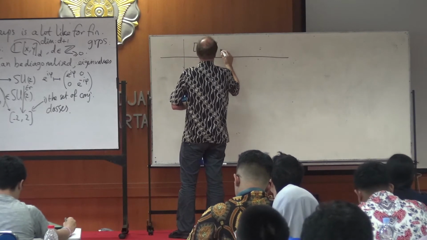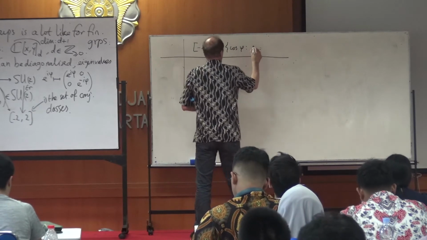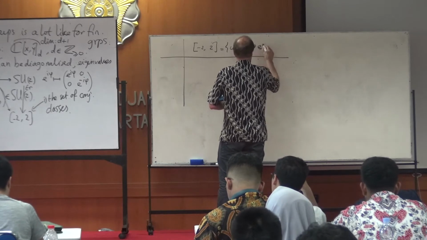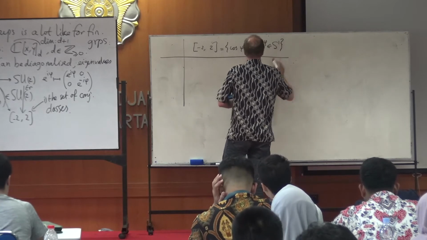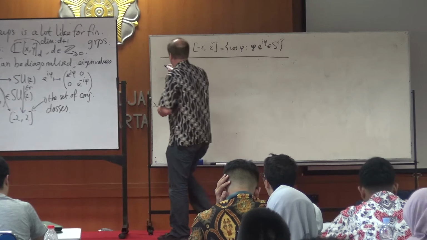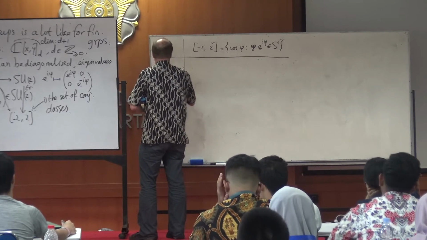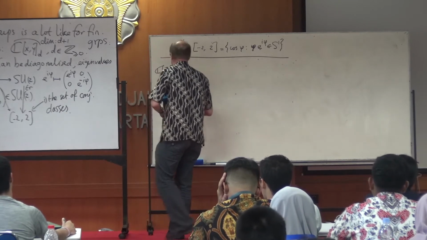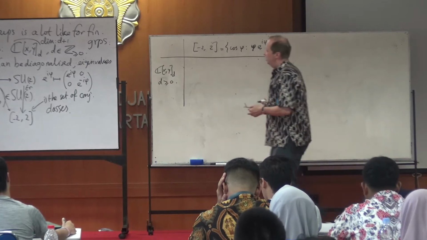And this is the set of 2 cosine of phi, where e to the I phi is in the circle, okay? And here I have my irreducible representations, so I just write C[x,y]_d, where d is greater or equal than 0, okay? And now I have to write the character.